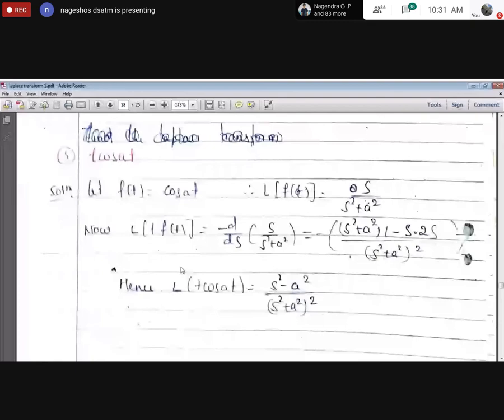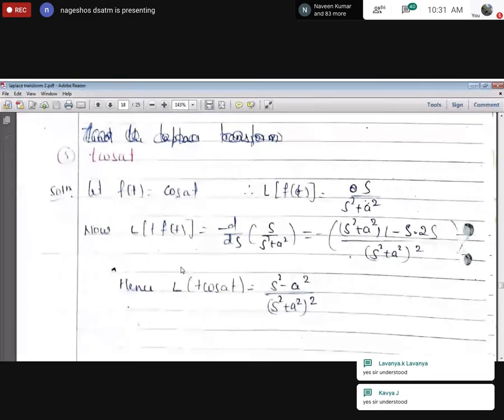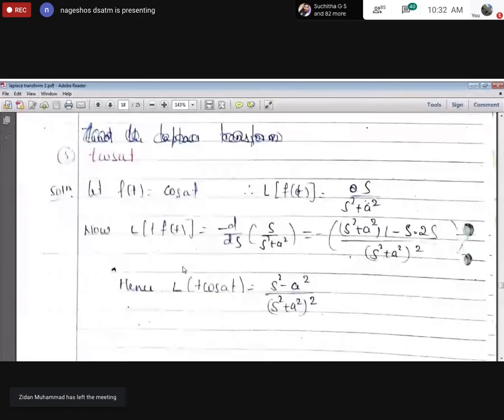Any doubt in this exponential? Then I will go to the next problem.